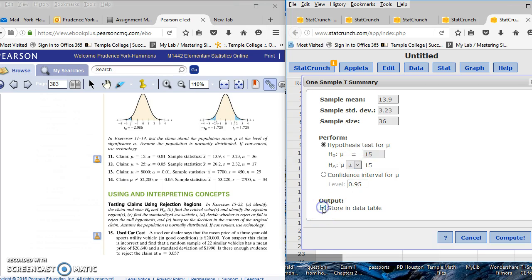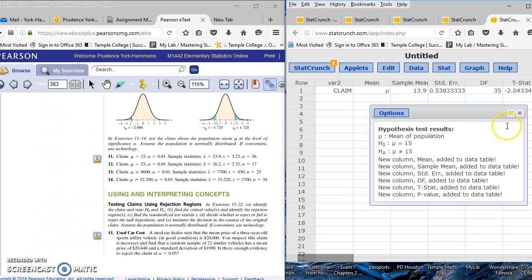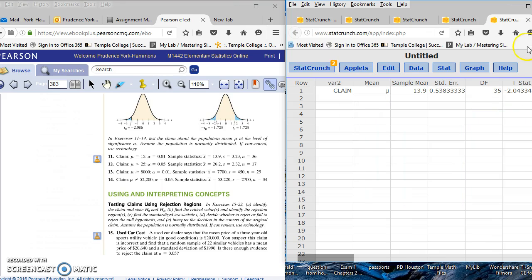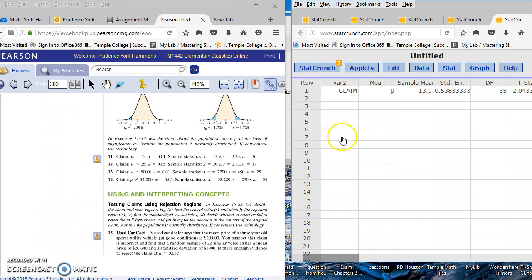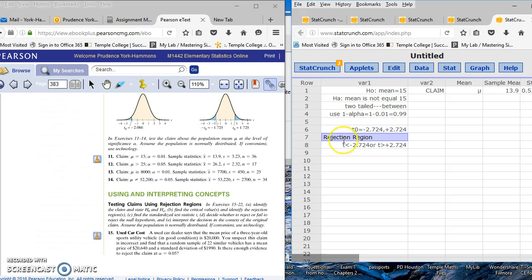And I'm going to store this in the data table and compute. So when we do that, you will see that the t statistic is negative 2.043. So the test statistic was equal to a negative 2.043.